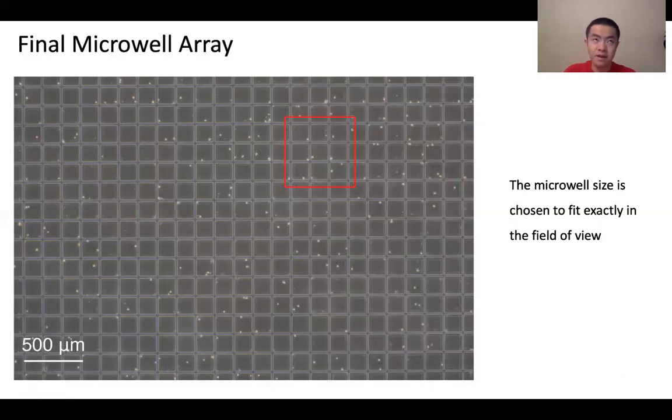This gives us possibly hundreds of cell lineages. And with a smaller microwell design, for example, the microwells for 70Z3, we can fit 36 microwells inside the field of view. This gives us even more cell lineages coming out of the experiment.